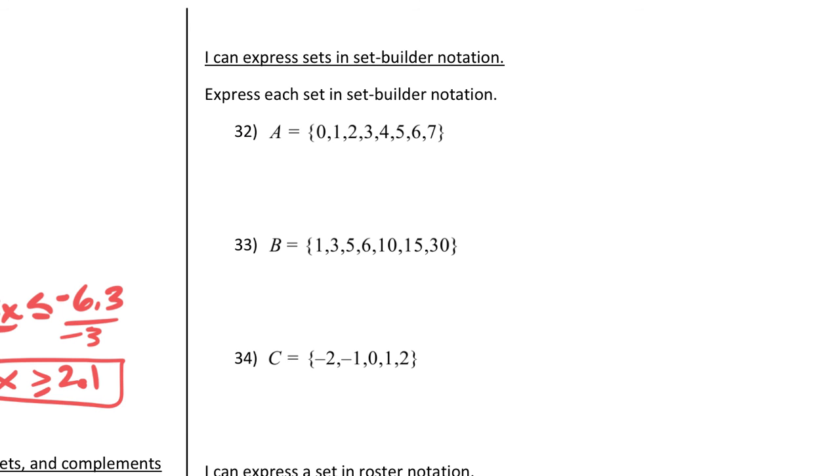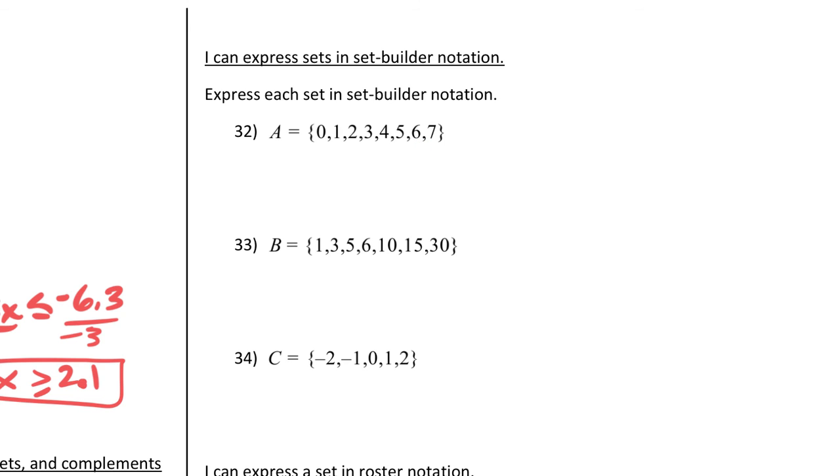Okay. For number 32, express each set in set builder notation. Well, we're just rewriting the set. What are these numbers? We have 0, 1, 2, 3, 4, 5, 6, 7. Well, it looks like they're whole numbers, right? The whole numbers up to 7.